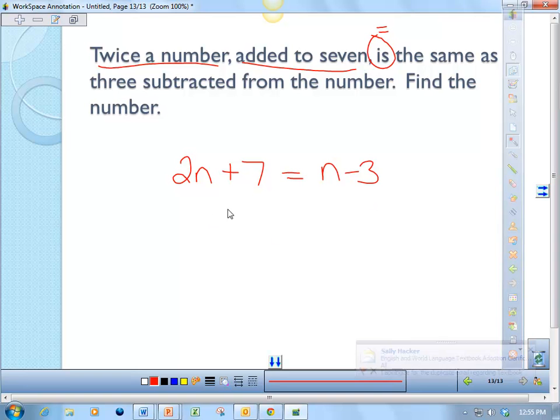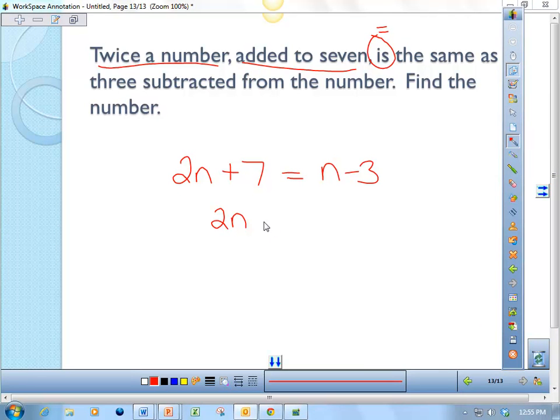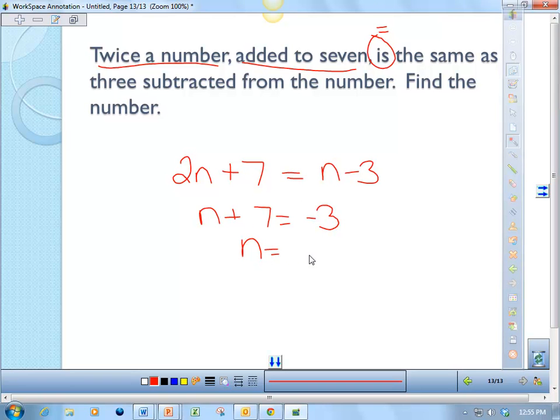Now we can solve. So go ahead and solve. So n is negative 10.